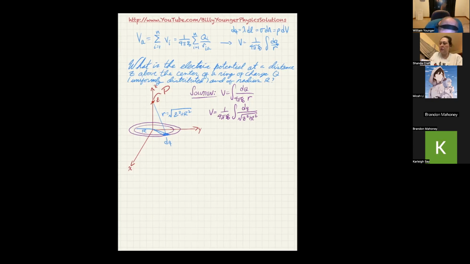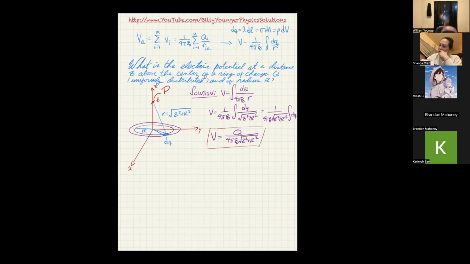So this actually becomes 1 over 4 pi epsilon naught square root z squared plus R squared times the integral of dq, which ultimately gives us V is equal to Q over 4 pi epsilon naught square root z squared plus R squared. Easy peasy. It is a scalar quantity, so that makes it a little bit easier to begin with. And that's it. Anybody have any questions on that one?